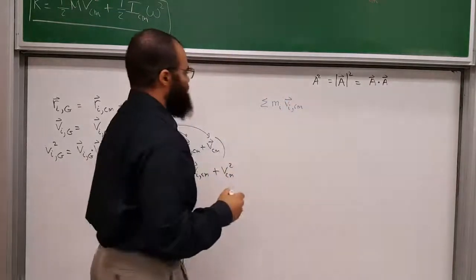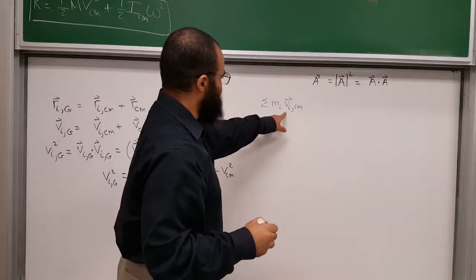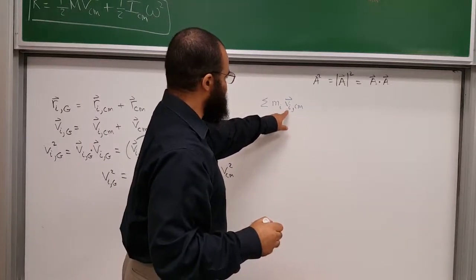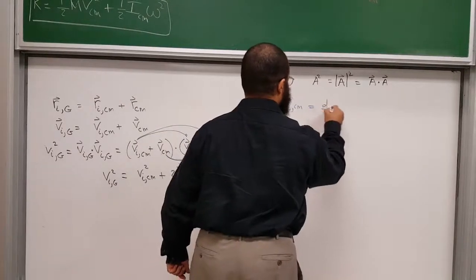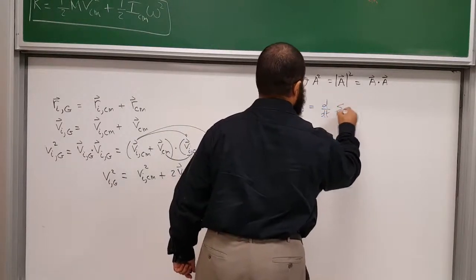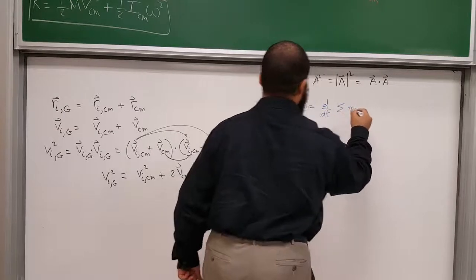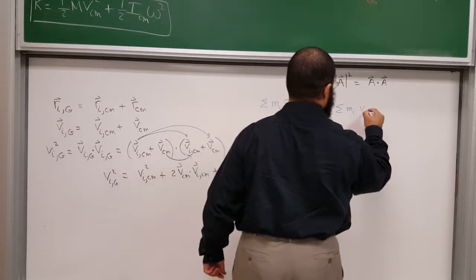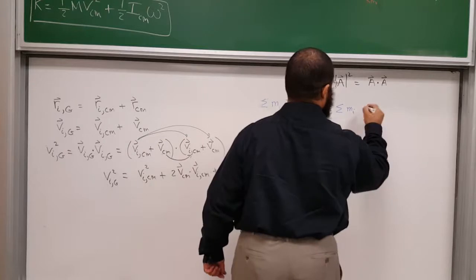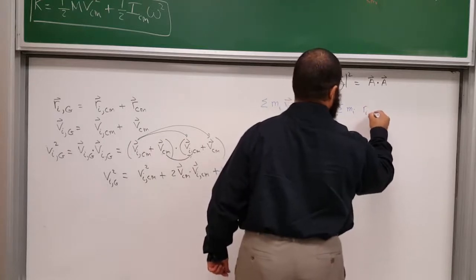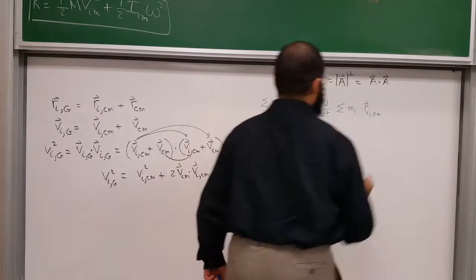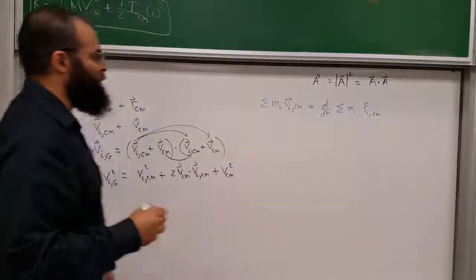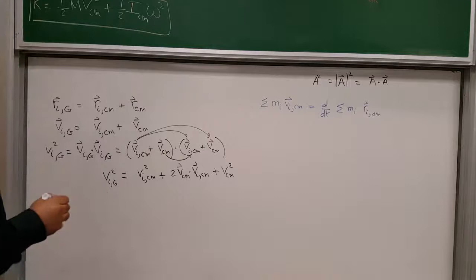Why is this 0? Well, this is vi relative to the center of mass, so it's the derivative of ri relative to the center of mass. So it's equal to d/dt of the sum over mi ri relative to the center of mass. So why is that 0? Well, what is ri relative to the center of mass?